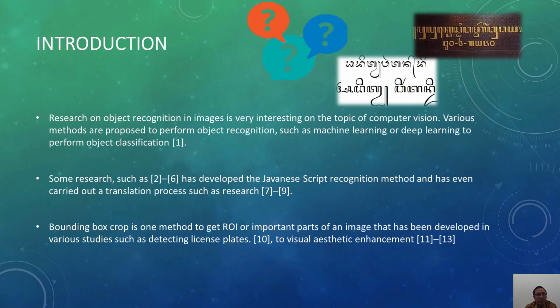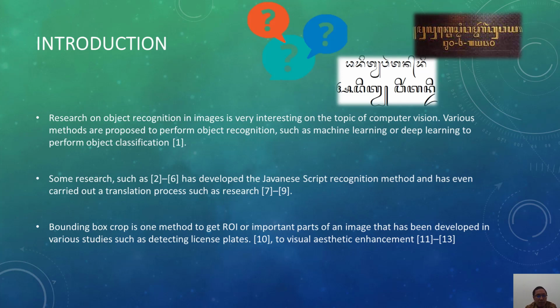Introduction. Object recognition in images is a very interesting topic in computer vision. Various methods have been proposed to perform object recognition, such as machine learning or deep learning, to perform object classification.